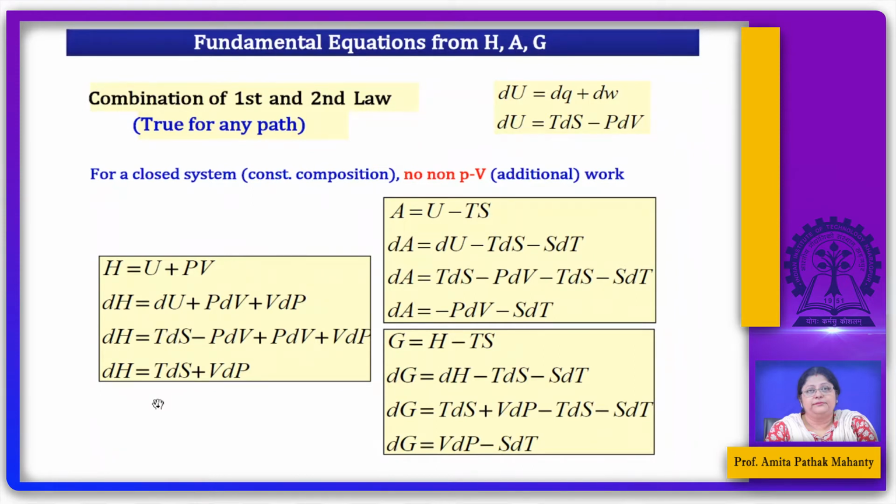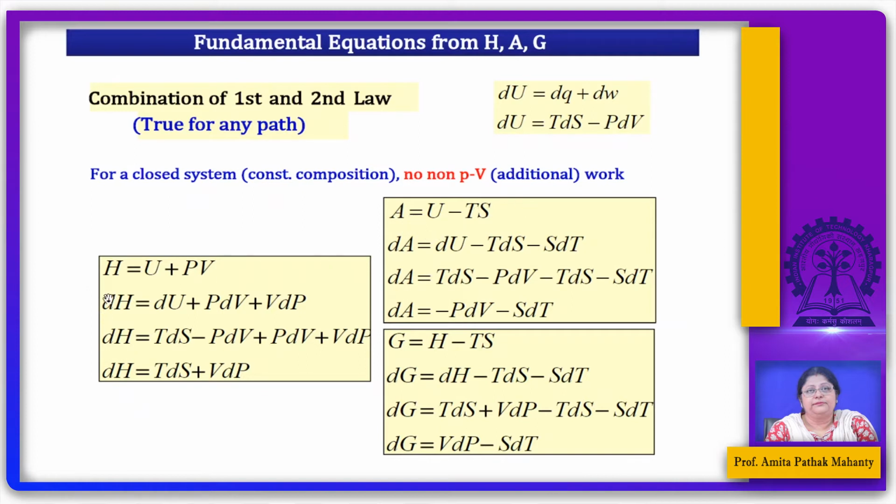Now you are getting a new expression. The new fundamental equation of the thermodynamic potential is delta H equal to T delta S plus VdP.